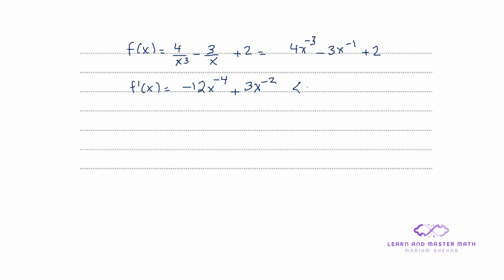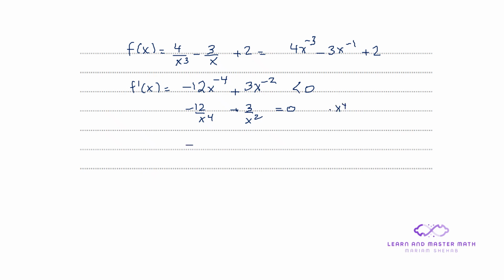And this is supposed to be negative, so to solve this inequality, this will be minus 12 over x power 4 plus 3 over x squared. I'll solve this equal to 0 first, and then I'm gonna see the final answer. I'm gonna multiply the whole equation by x^4.